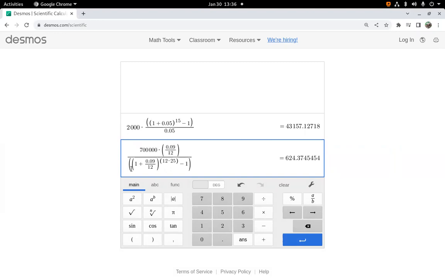And again, on most calculators, you need all of these parentheses. Some calculators can use fewer and still get the right answer.